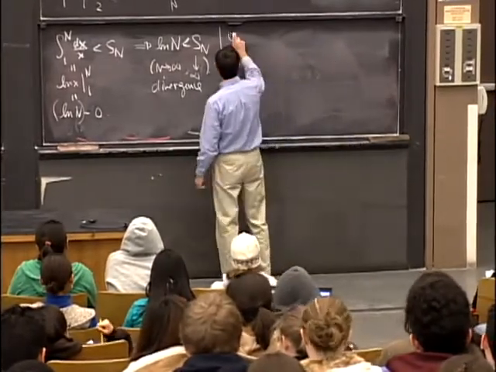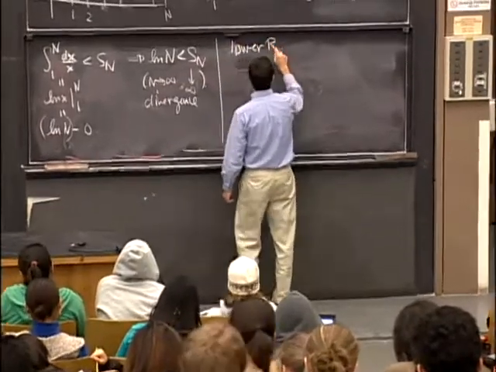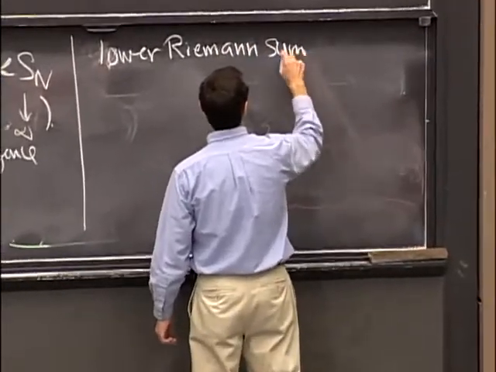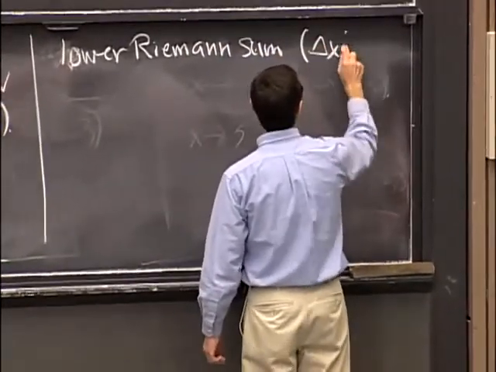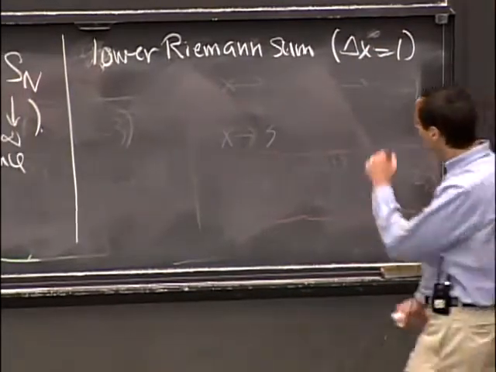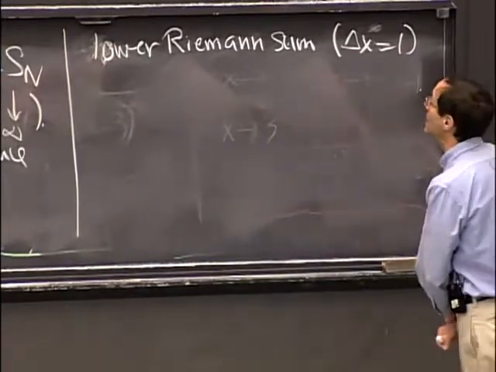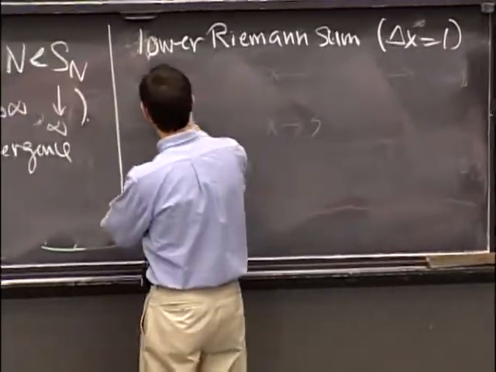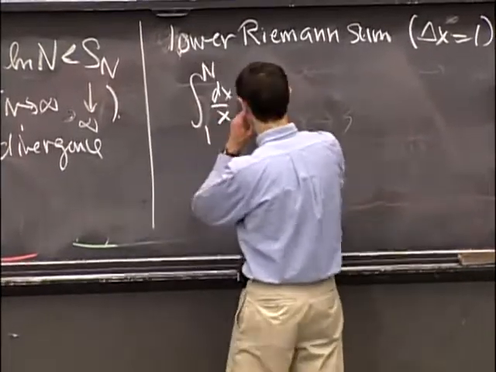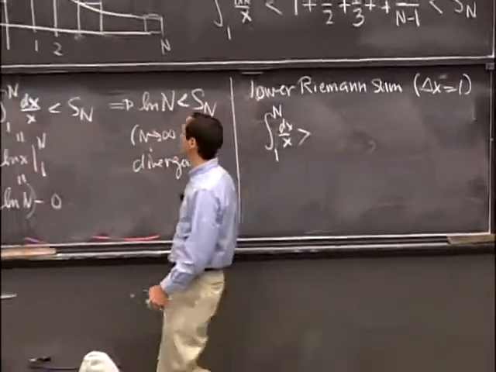So if I use the lower Riemann sum, again with delta x equals 1, then I have that the integral from 1 to n of dx over x is bigger than, well, what are the terms going to be if I fit them underneath?